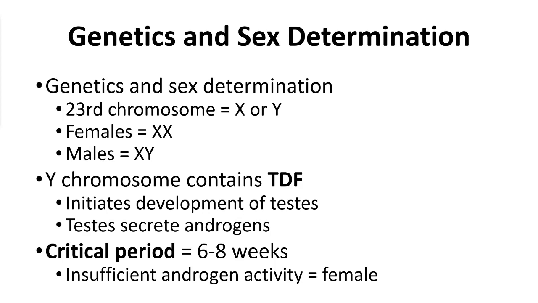If there is no presence of androgens to trigger that development, if you end up with insufficient androgen activity, then you end up with the default female characteristics. So everyone starts as female, and then depending on the presence of specific hormones, some individuals will then end up developing male traits.